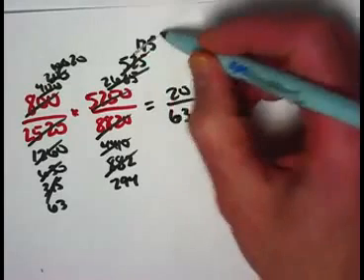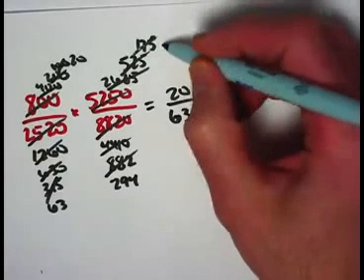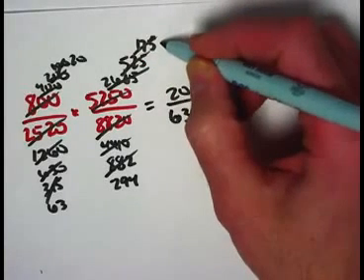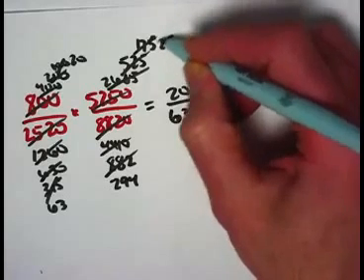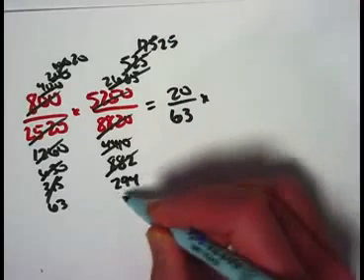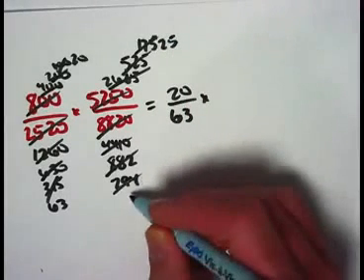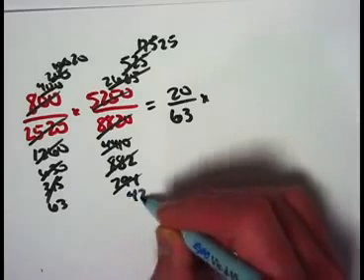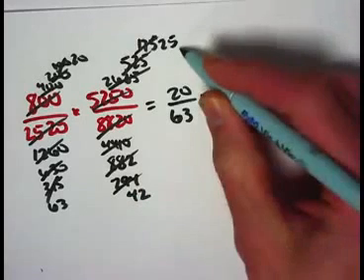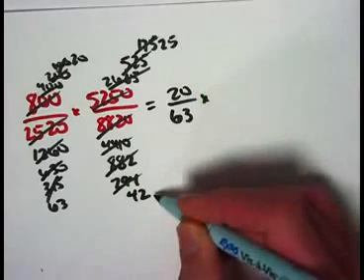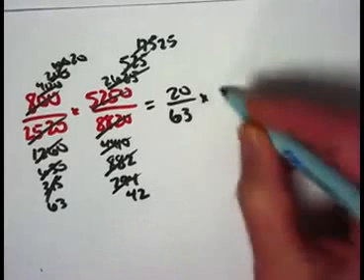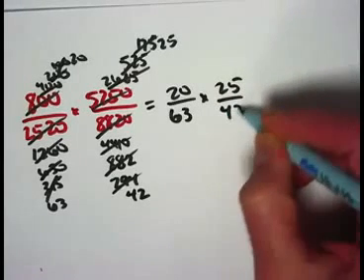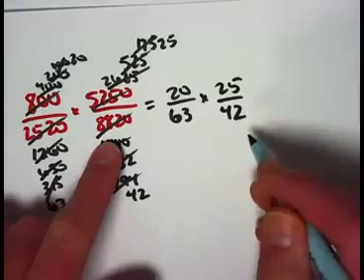So 7 into 175 again is going to be 25. And 7 into 294 is going to be 42. 25 is 5 times 5. 42 is 2 times 3 times 7. No common factors there. Those are as reduced as they can be. The reduced form of that is that.